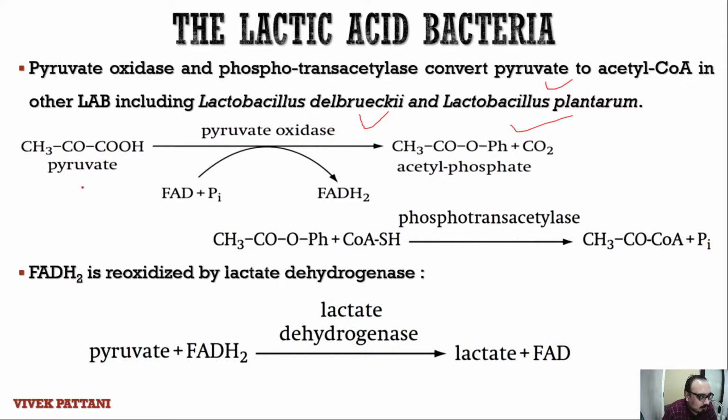In this case pyruvate will be converted into acetyl phosphate in the presence of pyruvate oxidase, and this will be further converted to acetyl CoA. And in other cases, by the enzyme lactate dehydrogenase, pyruvate will be converted into lactate.